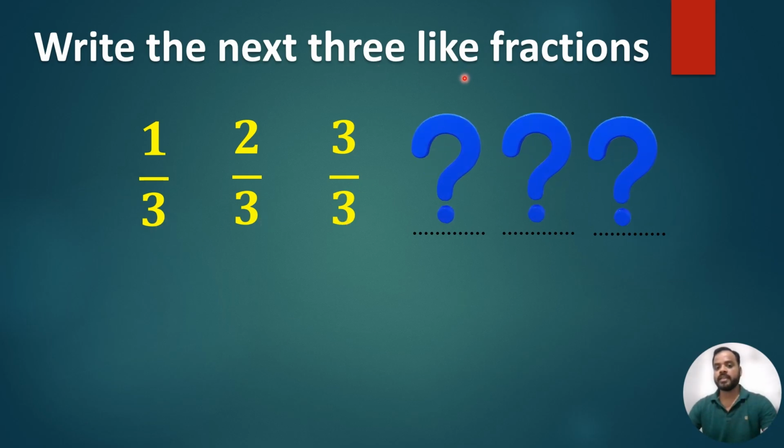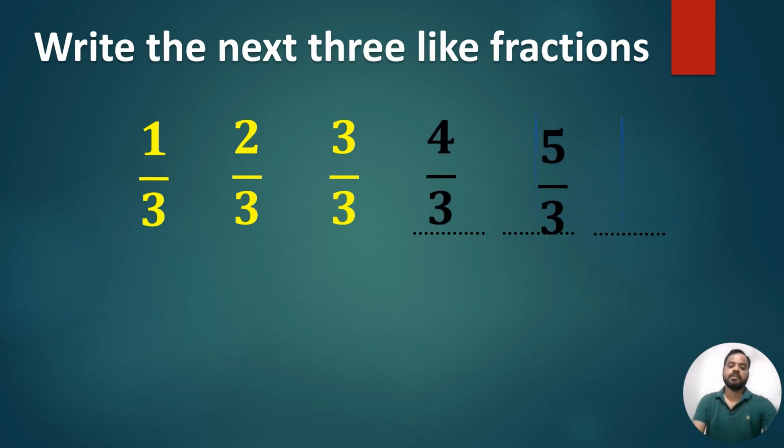So we have to write the next 3 like fractions. We have 1 by 3, 2 by 3, 3 by 3. So what will be the next like fractions? 4 by 3, 5 by 3 and 6 by 3.